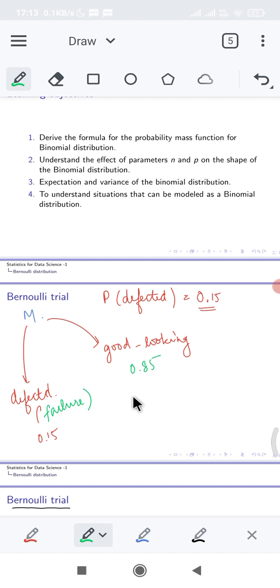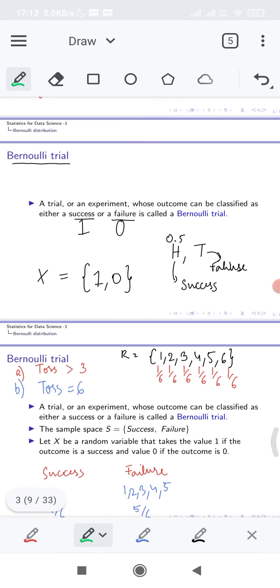So what I'm trying to say is that probability of success plus probability of failure sums up to 1. There is no other probability except these two, and to find the probability of success you will add up all the individual successful events, and to find the probability of failure you will add up individual failure events, like I did in the dice example.